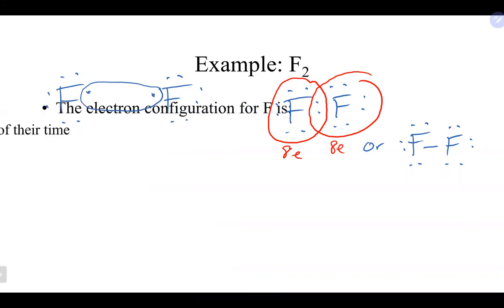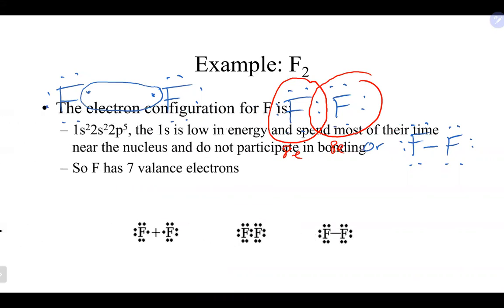Any questions on that? And again, like I said, you can draw it either way. If you like all dots, you could use all dots. Personally, for the bonding I use lines, but if you want to use dots, it's okay as well. Any questions on that?